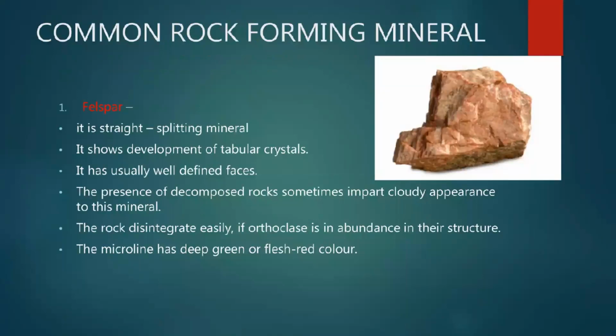Now let us see the common rock forming minerals. First, feldspar. This picture is feldspar, which you can also Google and see. It is a straight splitting material with well-defined faces. The presence of decomposed rocks sometimes imparts a cloudy appearance to this mineral. Microcline has a deep green or flesh red color; mostly it is available in flesh red color.